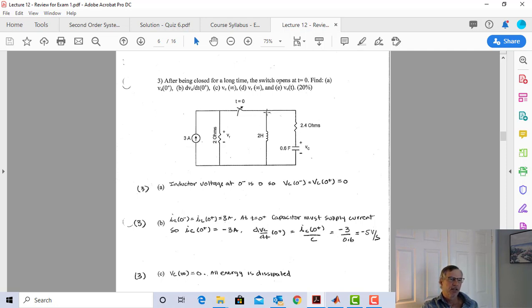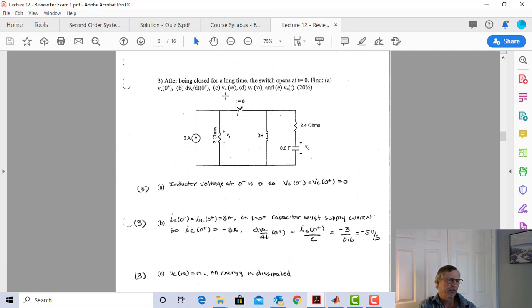So in order to keep that 3 amps the same, it's not coming from here, so it's coming from here. So for the passive sign convention, my capacitor current is going to be negative 3 amps. So here it is, IC at 0 plus is minus 3 amps. So dVc/dt at 0 plus is going to be IC over C, which is minus 3 amps divided by 0.6 farad, which is minus 5 volts per second.